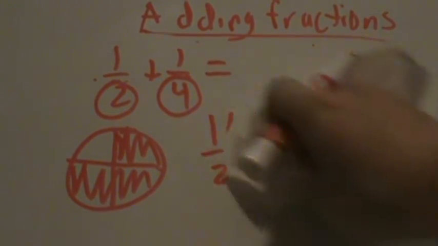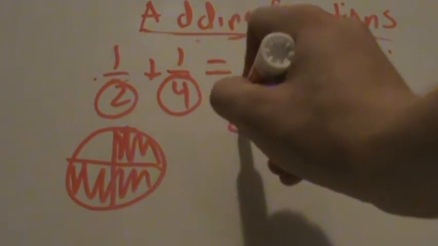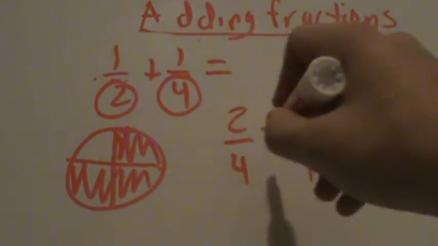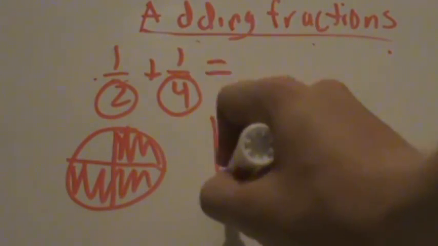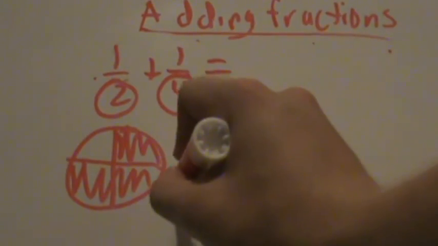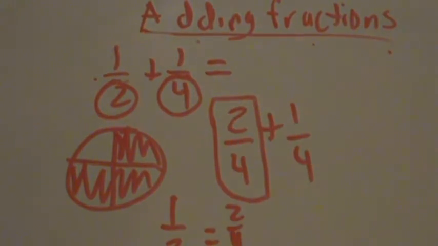So we just determined that we can write this as 2/4 plus 1/4, because we just made an equivalence, since we know that 1/2 equals 2/4.